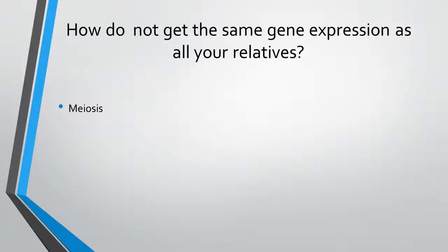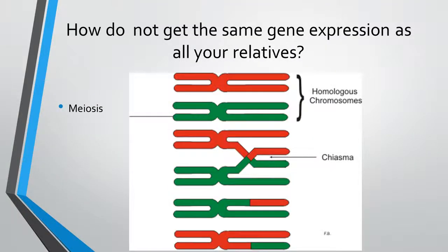Here we are in the process of meiosis. The top section, where it's just the red chromosome and just the green chromosome, is where we are in prophase 1, where they're lined up in the center of the cell, getting ready to be pulled apart. This is where crossing over happens.